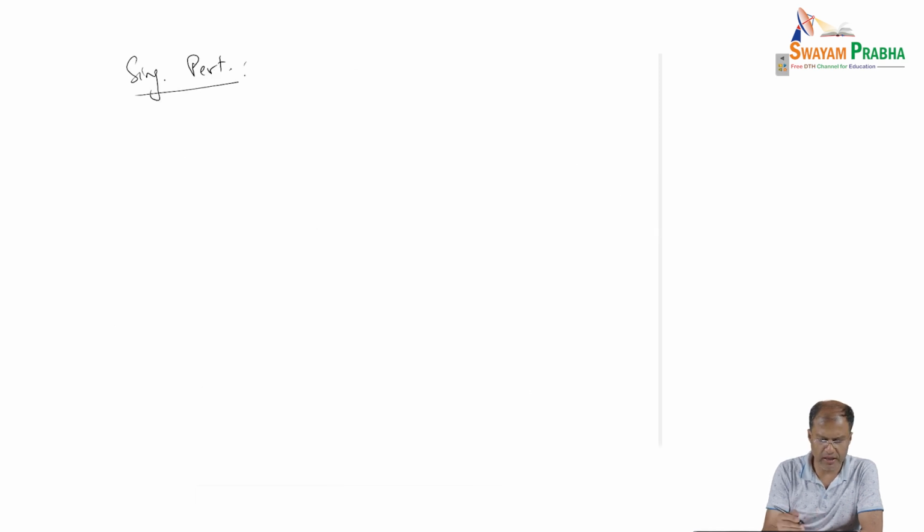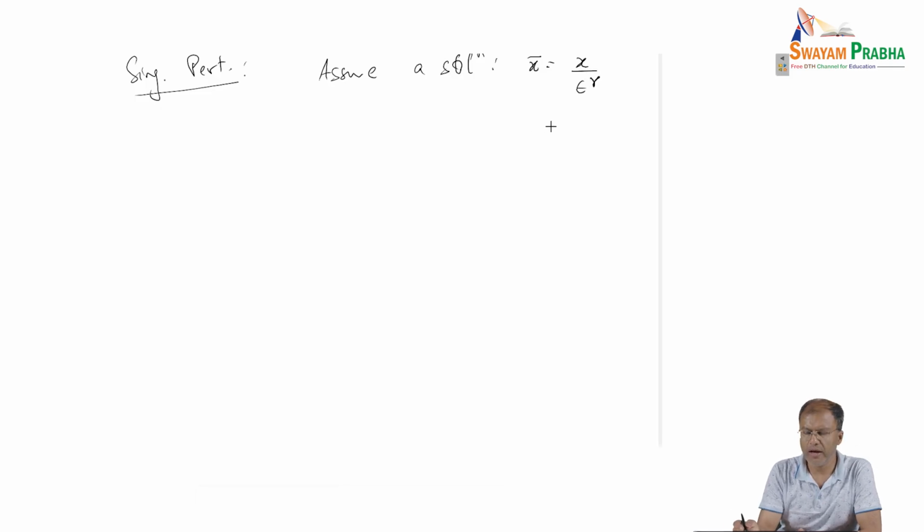So which means that we are going to assume a solution of the form x bar, which is x over epsilon to the power gamma. Why? Because we are going to rescale the solution so that the epsilon dependence is somehow gone, right? So we are going to rescale our variable so as to take care of the epsilon dependence in the highest order term. So this is the rescaling factor.